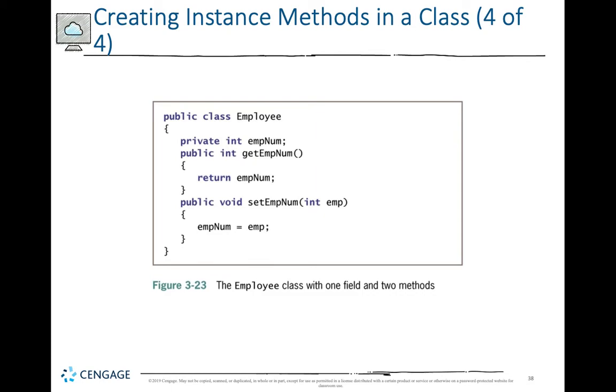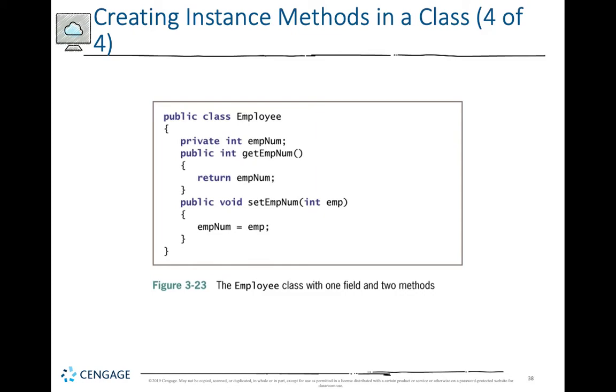Here we have public class employee, and it has a private member variable called what? What does it have? What's the private member variable? Employee number. And so then we have an accessor method and a mutator method.